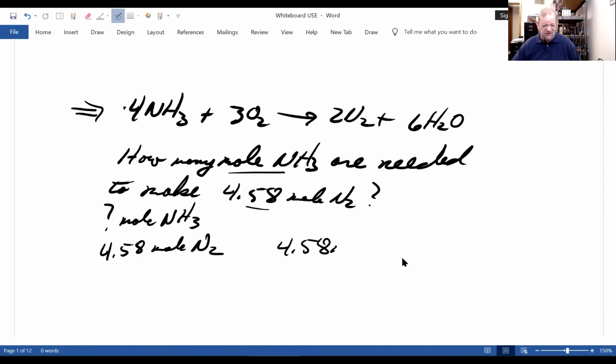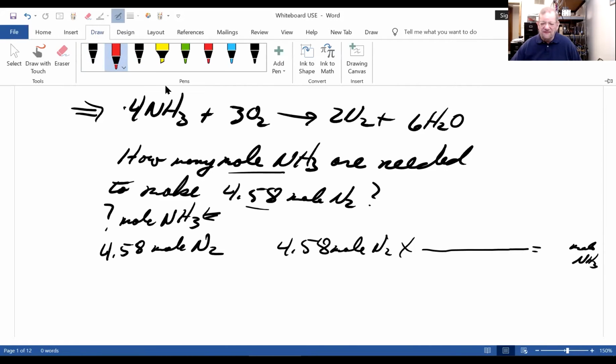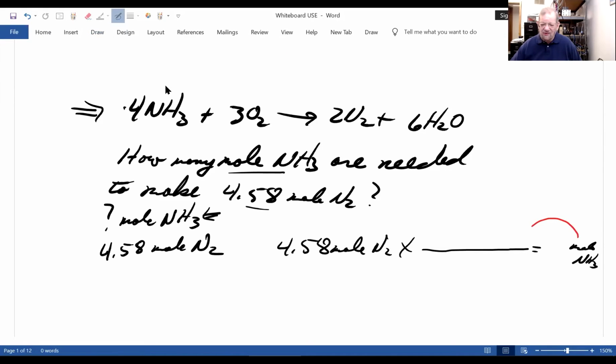So that's where I'm going to start. What units do I want to get to? Well, we figured that out at the beginning. Moles of ammonia.